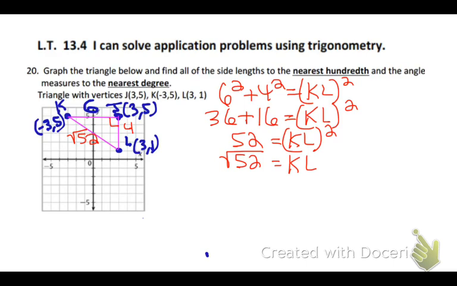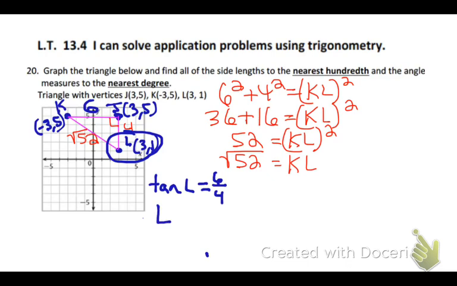So we can use a lot of different things for this. We could use any of the trig functions, but let's say we want to find angle L. We could use the 6 and the 4 because that's opposite over adjacent. So let's do tangent of angle L is equal to opposite over adjacent, which is 6 over 4.